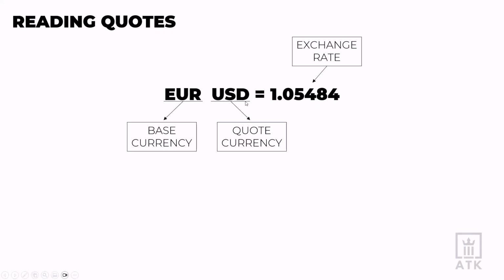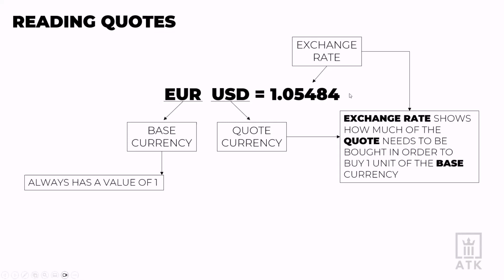That is the exchange rate. It shows how much of the quote needs to be bought in order to buy 1 unit of the base. So how much of the quote needs to be bought in order to equal 1 unit of the base, and that'll give you the exchange rate.